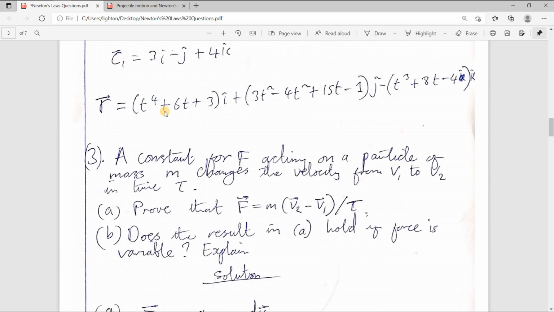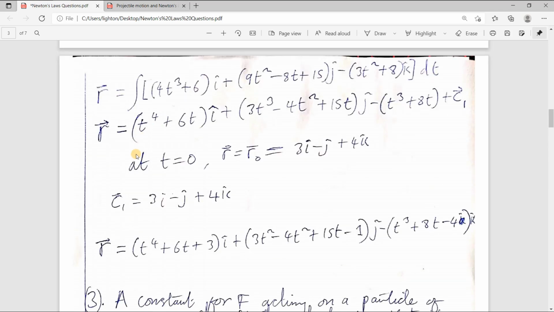Okay, so if you do that and find c1 is this, when you put in c1 in this part here, and rearrange the terms in i, the terms in j, and the terms in k, what we're going to have is an expression looking like this: t to the power 4 plus 6t plus 3 i plus, of course, you see there's this part already, but when we include this term with a j, which is just minus 1, we're going to have this expression with the minus 1.